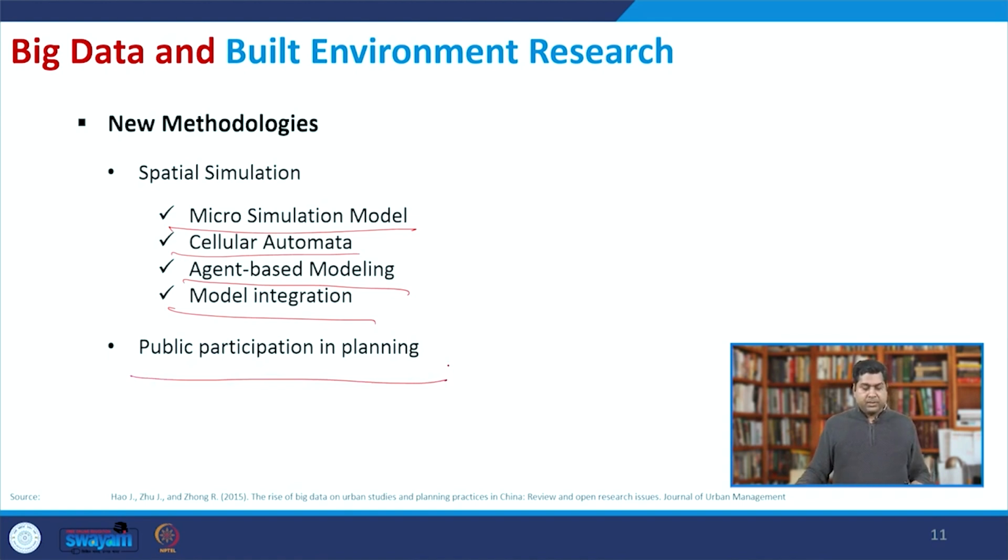Public participation in planning, definitely, whenever we take their view on social media and then we use that information to build up, like if they express about certain kind of park or maybe open space, like it's a very well designed space and all, for that reason we can also capture the factors which actually made them happy.